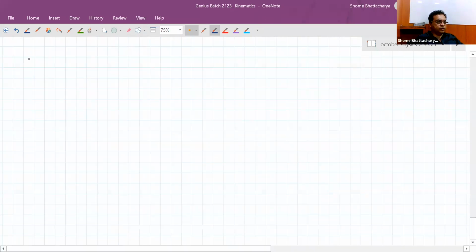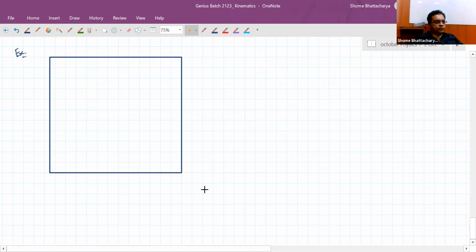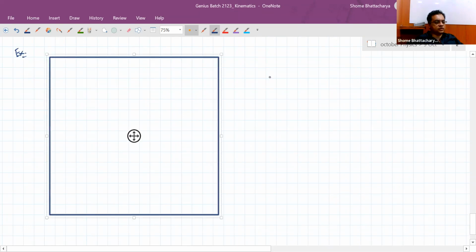Let's see an interesting numerical problem based on this. So this is the top view of a smooth horizontal surface.